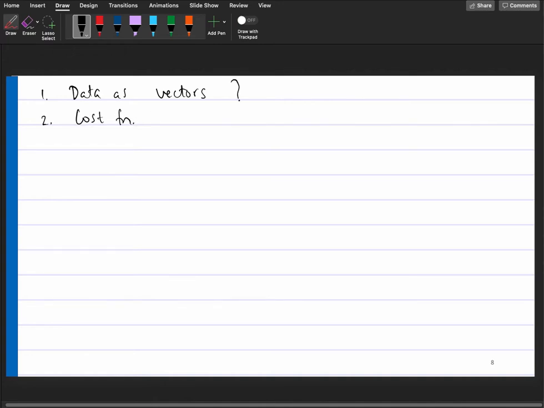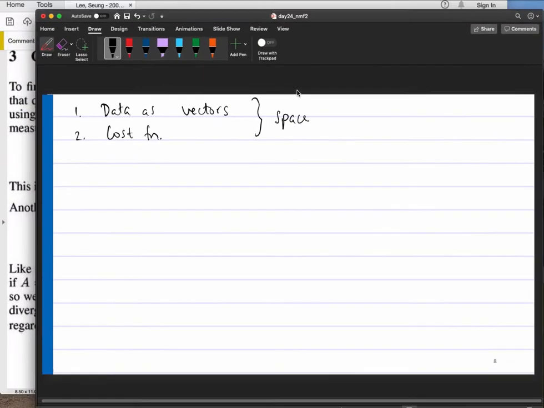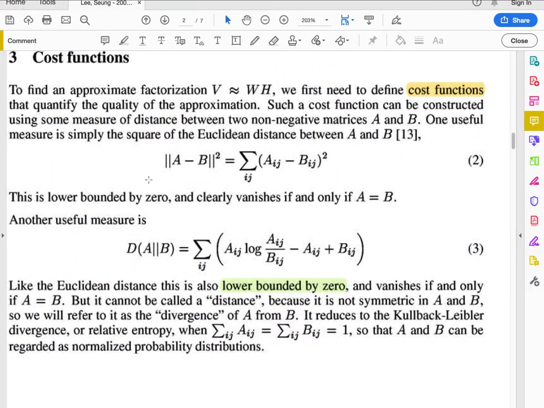These two steps basically form the space in which you are optimizing. Now, what cost function are they using? Euclidean distance. Simple Euclidean distance: element-wise subtraction, then square each term and sum over all the terms.